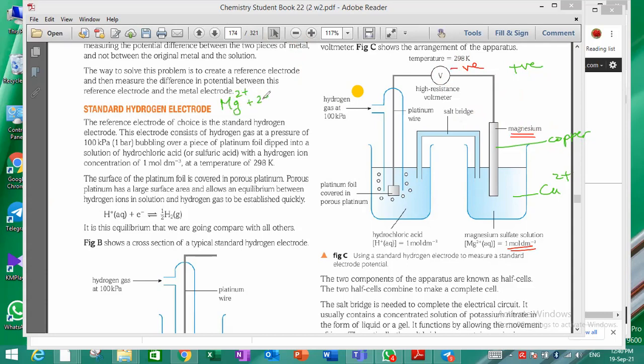We write it like this: Mg2+ plus 2 electrons gives Mg, and we say that the E naught value is a negative value, negative 0.27, whatever the value, it's a negative value. What does this negative value mean? It means that magnesium ions would not like to gain electrons to form magnesium metal. Since magnesium metal is a reactive metal, it would prefer to ionize into the magnesium ions and electrons. That's why the E naught value is negative.